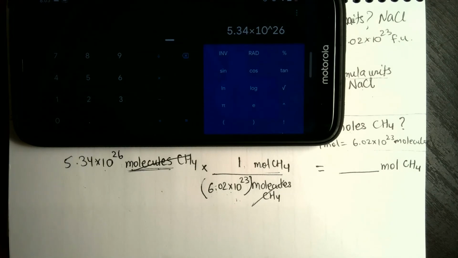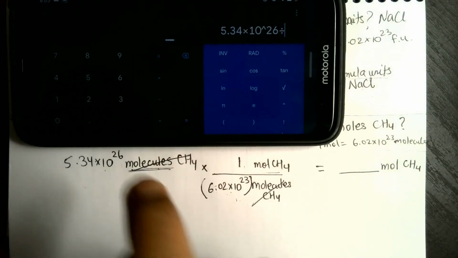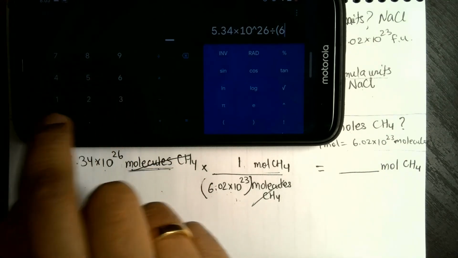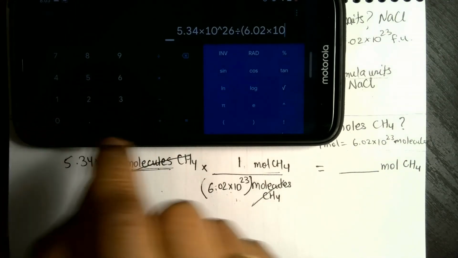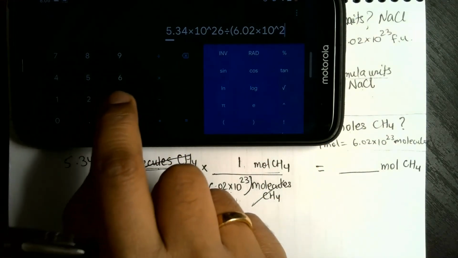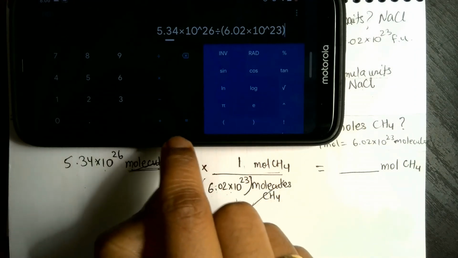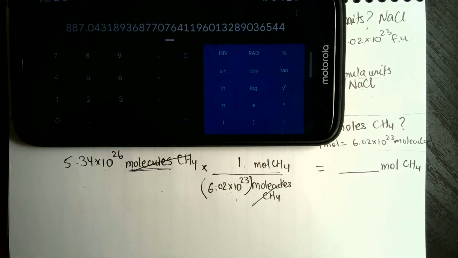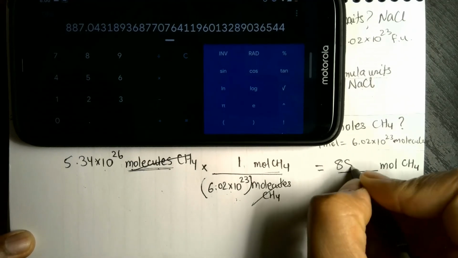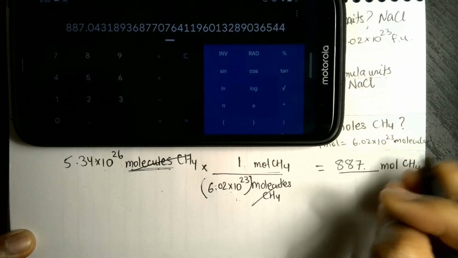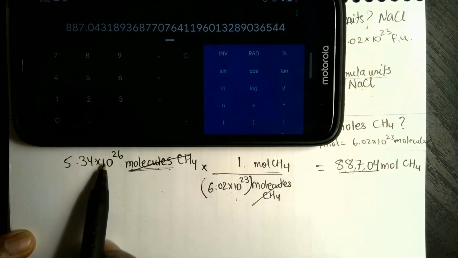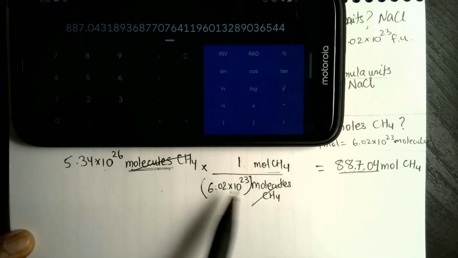So here's how I would type that in. 5.34 times 10 to the power 26 divided by brackets. Put everything in brackets: 6.02 times 10 to the power 23. Close the brackets, and now you get an answer that's more manageable, that makes more sense. Always check your answers. So you see it's 887.04, which is within the reasonable number of zeros.